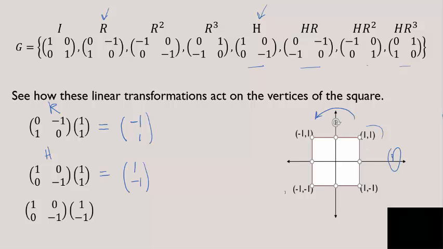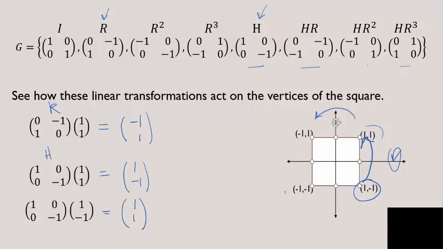If you flip over the horizontal axis there, (1, 1) goes to (1, -1). One more example. Let's see what H does to the vector (1, -1). It better put it up here at (1, 1). Let's see. If we multiply, sure enough, it sends this point to that point by reflecting over the x-axis.